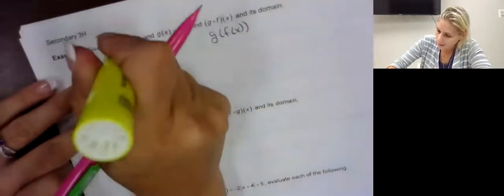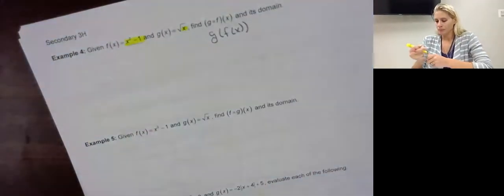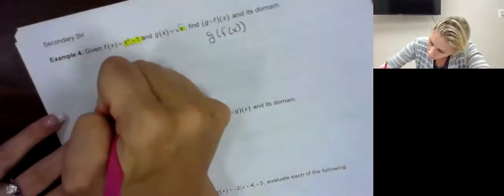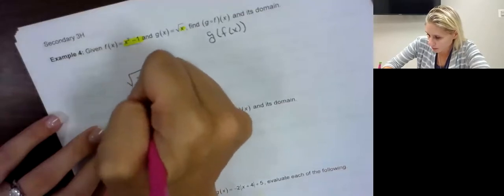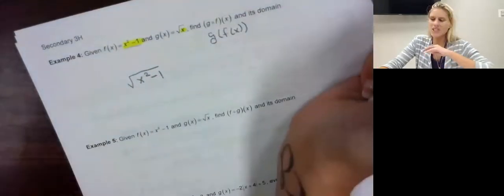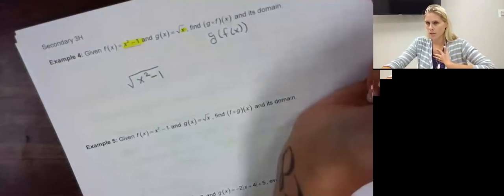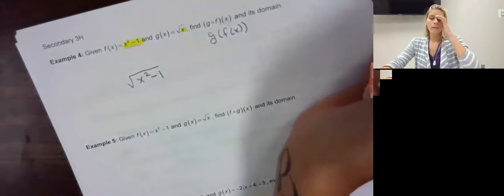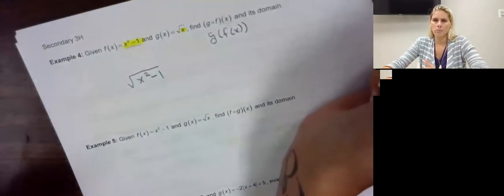So we're going to take f of x and plug it in for every x we see in g. I get the square root, and instead of x, I'm going to say x squared minus 1. And there's nothing that we can actually worry about here right now. So this is simplified.